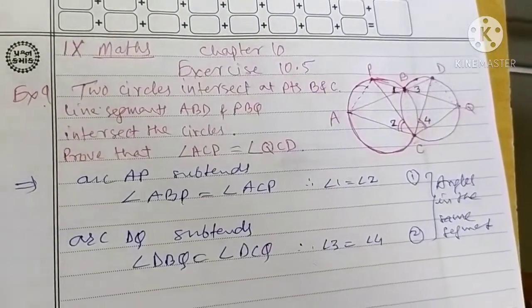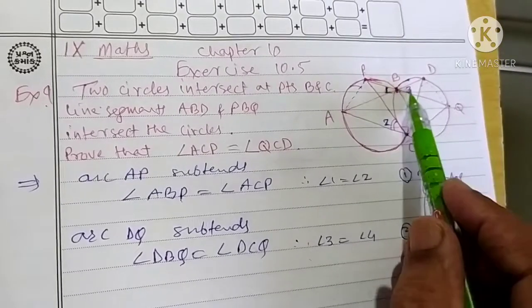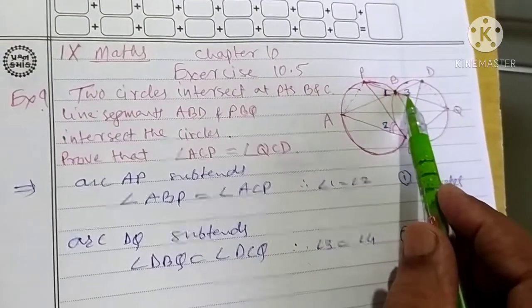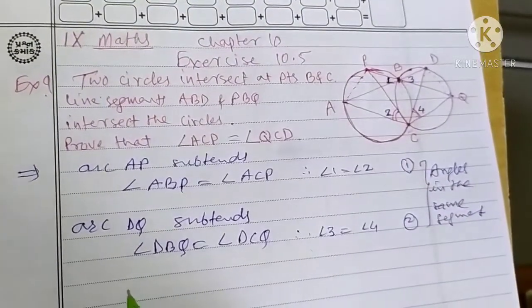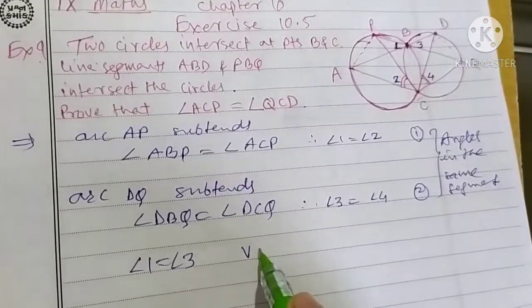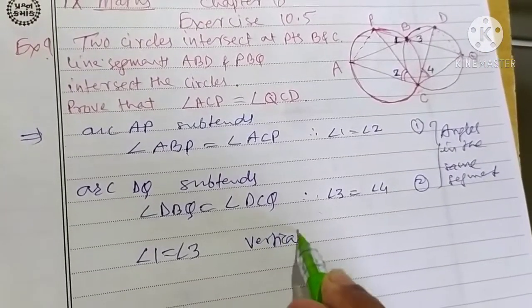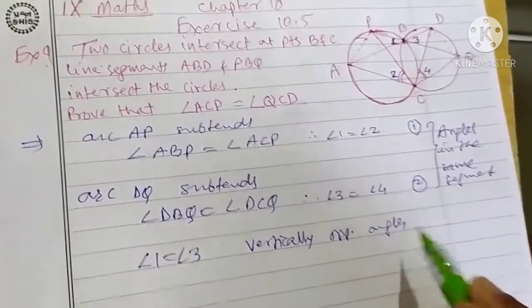Now look here, angle 1 and angle 3 are vertically opposite angles. Yes or no? So you can write angle 1 equal to angle 3, vertically opposite angles. Clear?